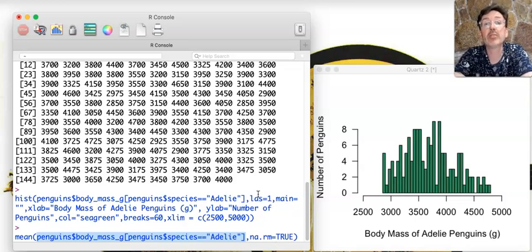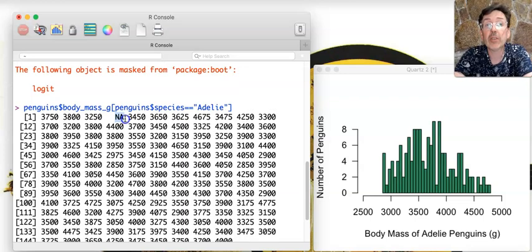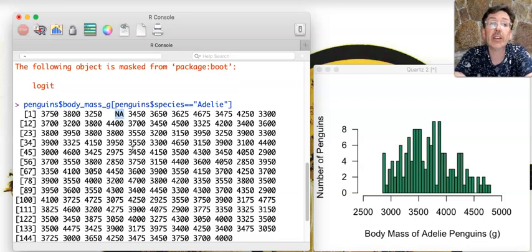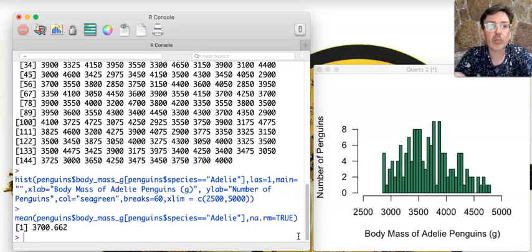I've done that because it's good practice when you're dealing with means, because if it ever encounters an NA value and this isn't true, you get an error message. But if all goes well, then we see that the mean of the penguins is 3,700 grams.